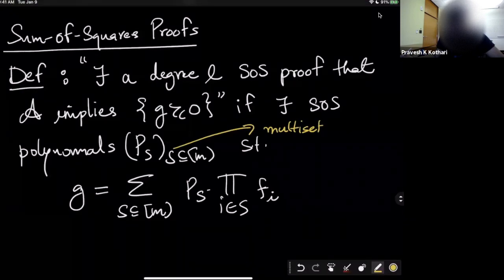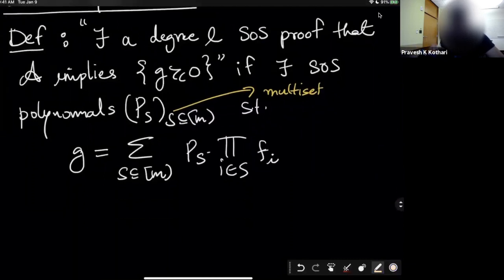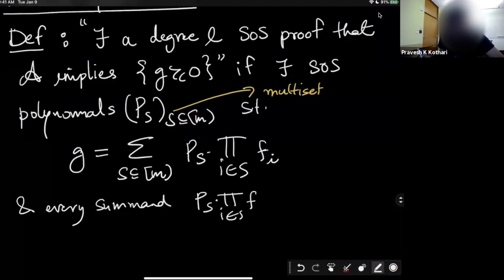And I'm going to say that G has a degree L proof whenever there are these SoS polynomials and every summand P_S times the product of S of the Fi has degree at most L. Okay. So we'll examine this definition a little bit more in a second.